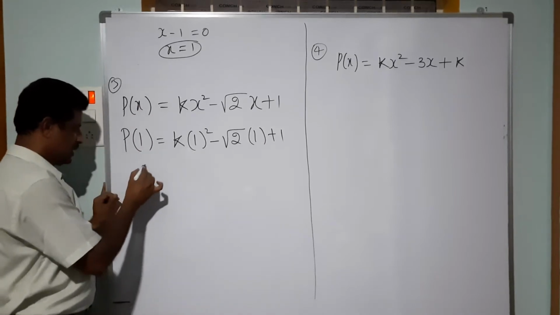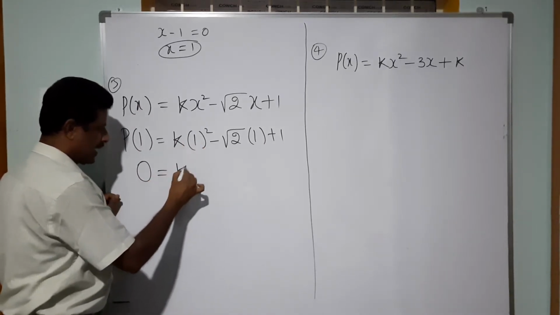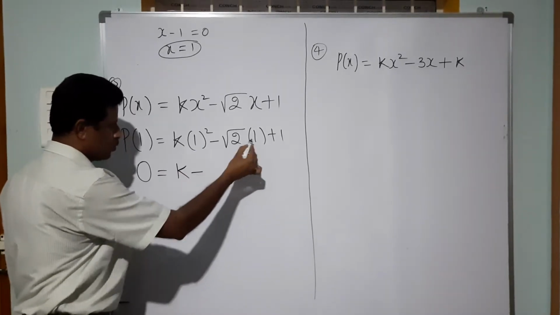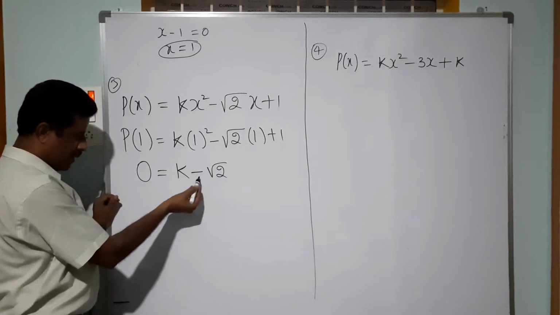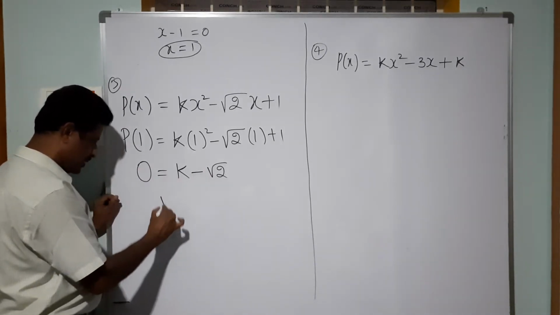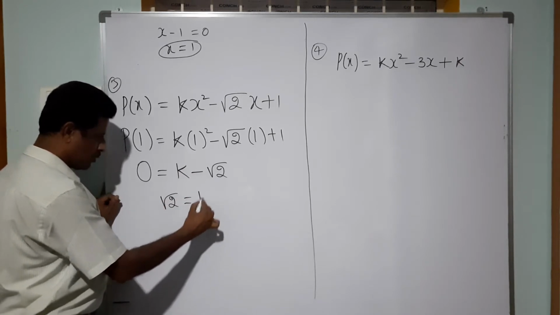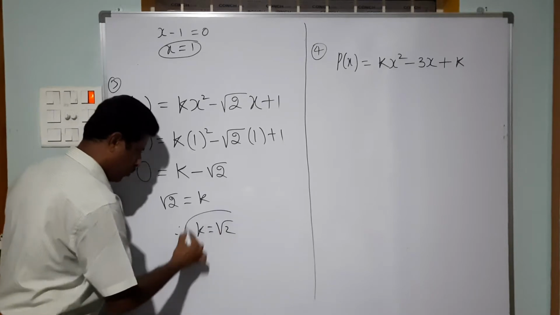P of 1, the result is 0, is equal to 1 whole square, 1 into k minus root 2 into 1 plus 1. Therefore k, I want k values: minus root 2 send this side, the minus should be changed, plus root 2 is equal to k. Therefore k is equal to root 2.